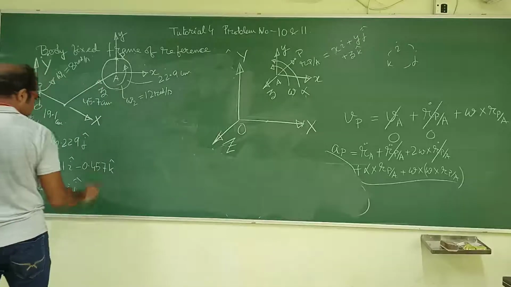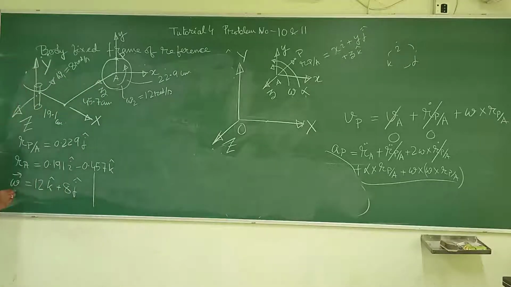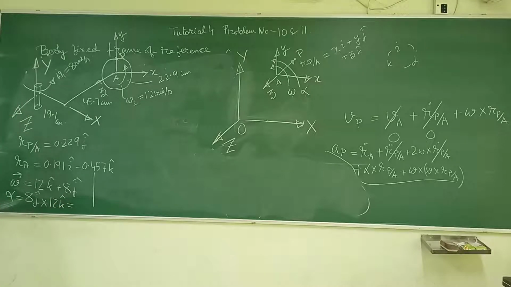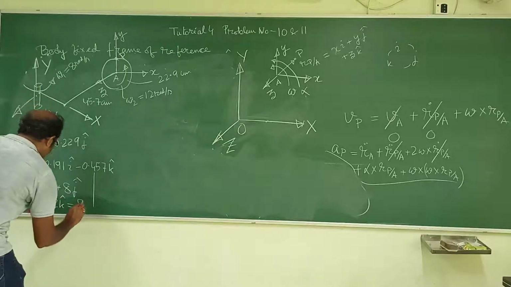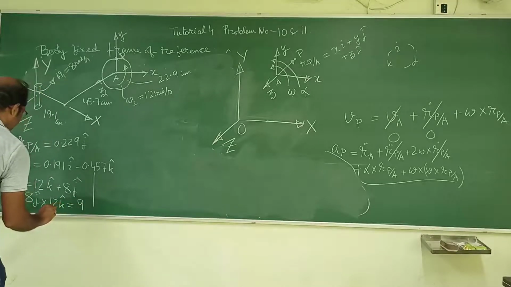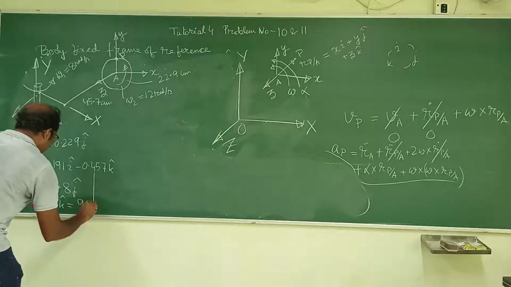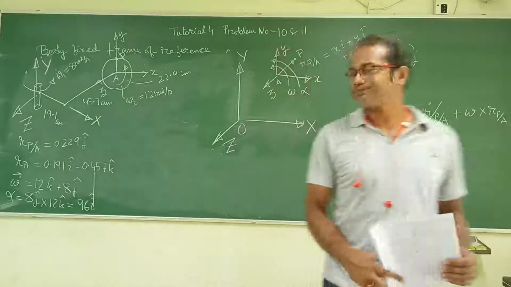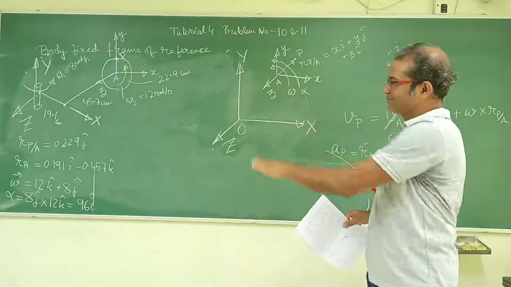So my angular acceleration alpha is going to be 8 J cross 12 K. What is it? J and K give I. So 96 I. So I got everything.